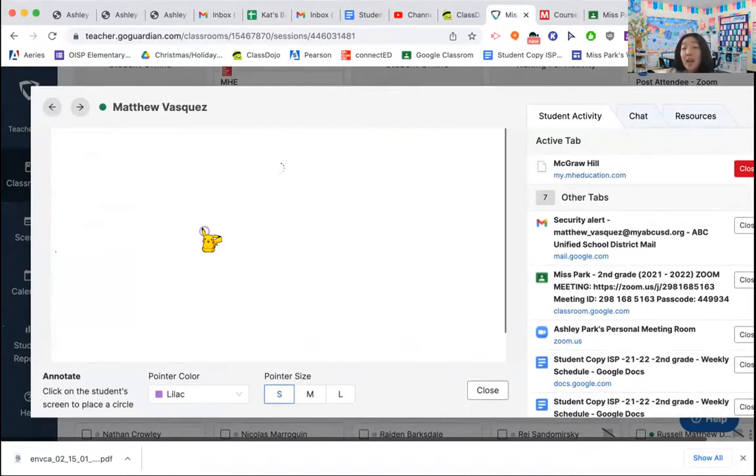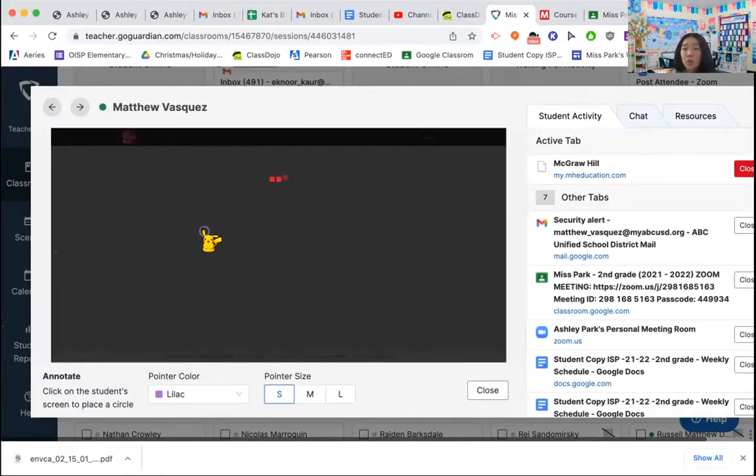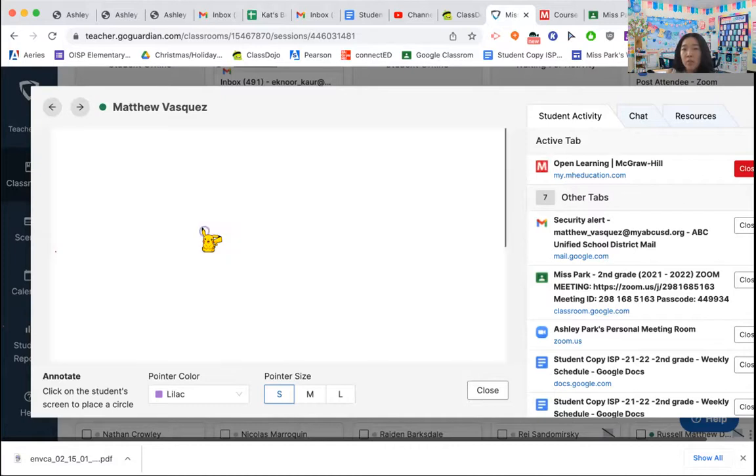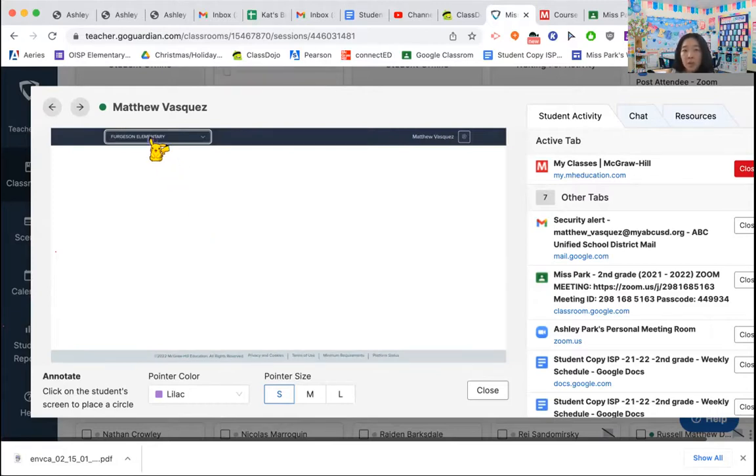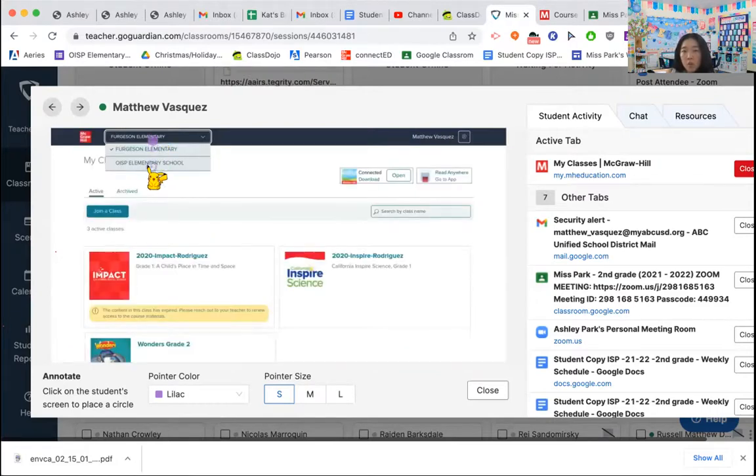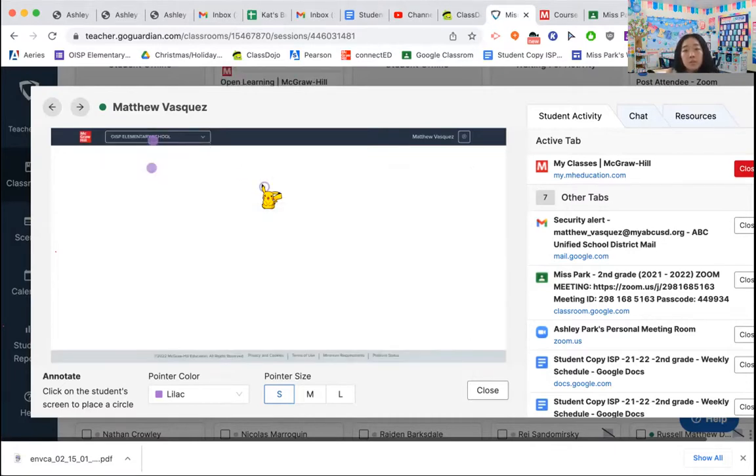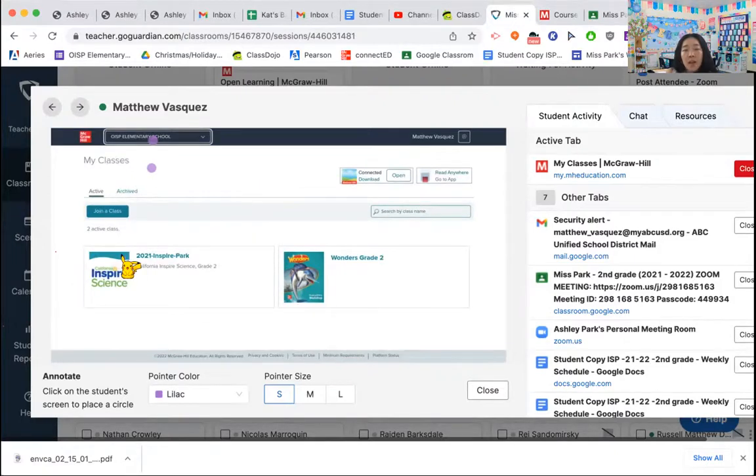And then we're taking a science test, so you need to click on Inspire Science. But first you got to go to OISP, or else it's going to take you to first grade science, which is not what we want. We want to go to second grade science. So go up to Ferguson, Matthew. Change it to OISP. Click on Inspire.